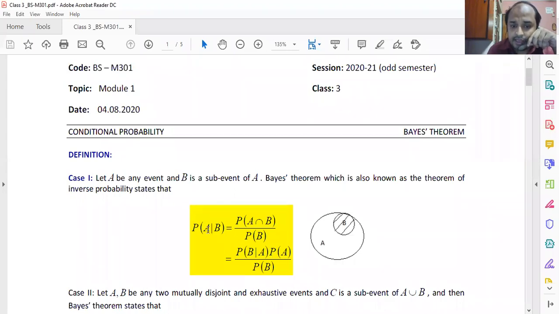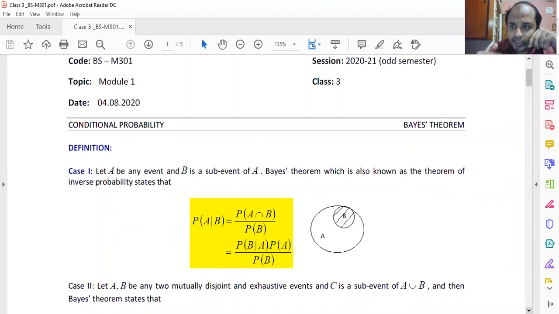Since these two are connected via a formula, Bayes theorem is sometimes known as the theorem of inverse probability, or Bayes theorem problems are known as inverse theory problems. Okay, so that is the formula for Bayes theorem when only one mother event and one baby event is there.